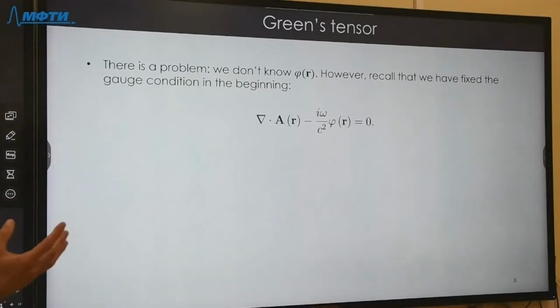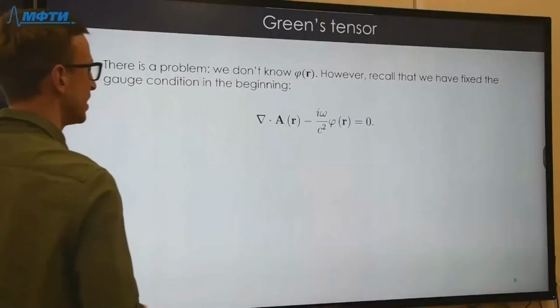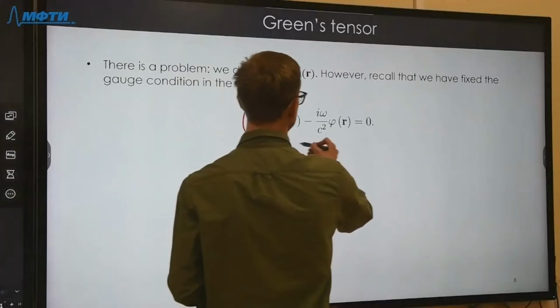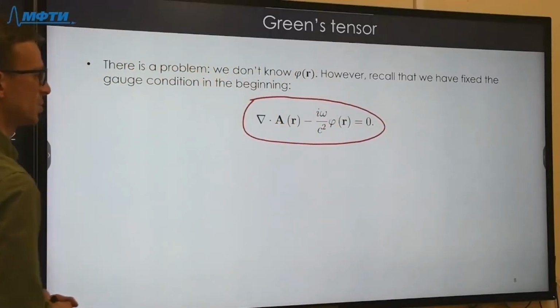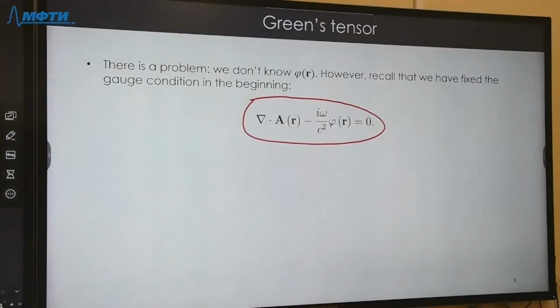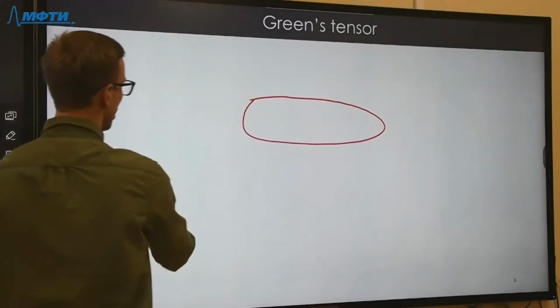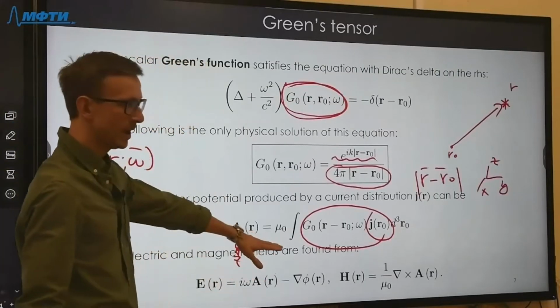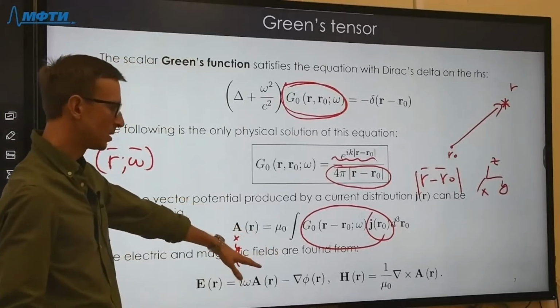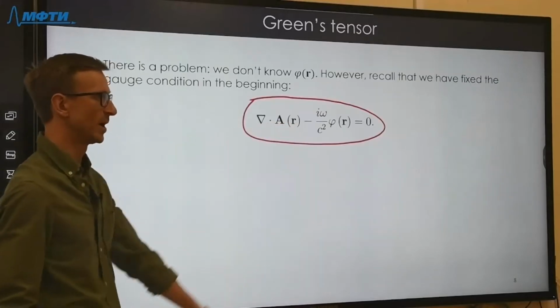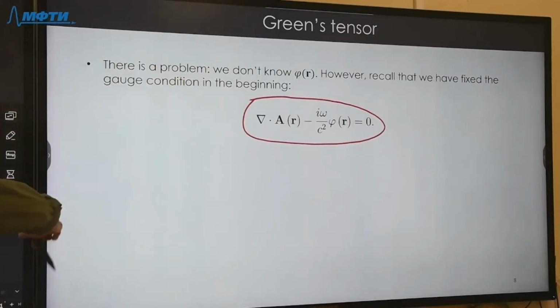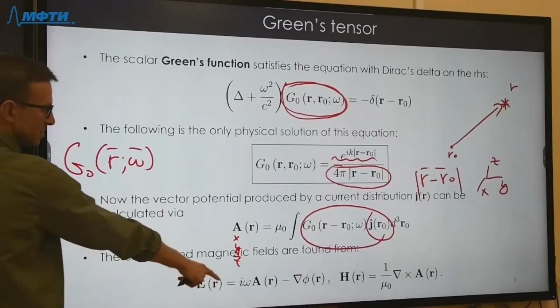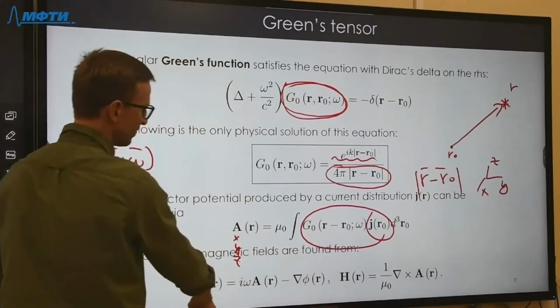We have already fixed that in the beginning. We assume that there is this relationship between the two, and we have fixed this relationship ourselves. So of course this is satisfied. And the moment we know A, and we do know A, we also automatically know phi. So from here we determine phi, we plug that back into this expression for the electric fields.